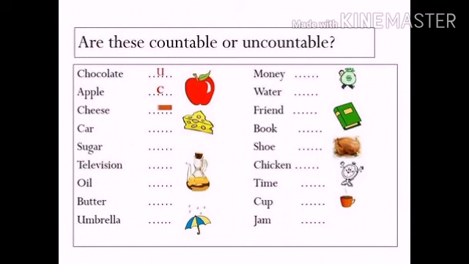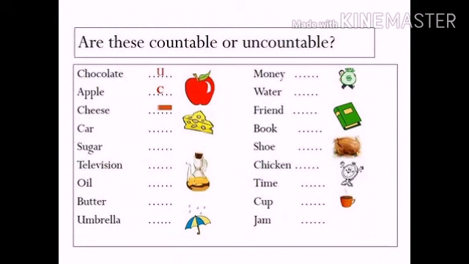It is an uncountable noun. Very good. What about water? It is also an uncountable noun. Is friend a countable or uncountable noun? Vidya? It is a countable noun. Book. It is also a countable noun. What about shoe? That is also a countable noun.